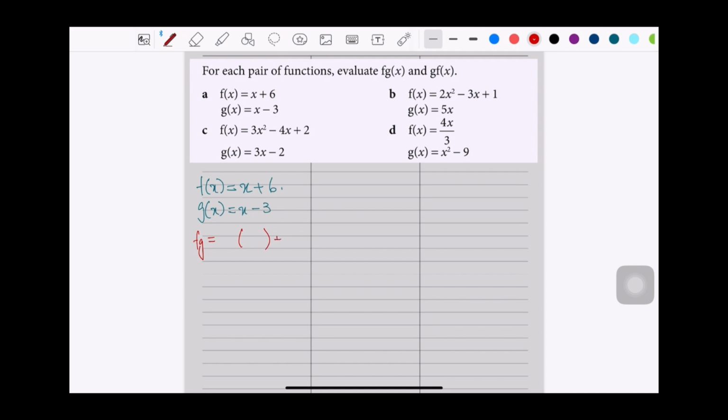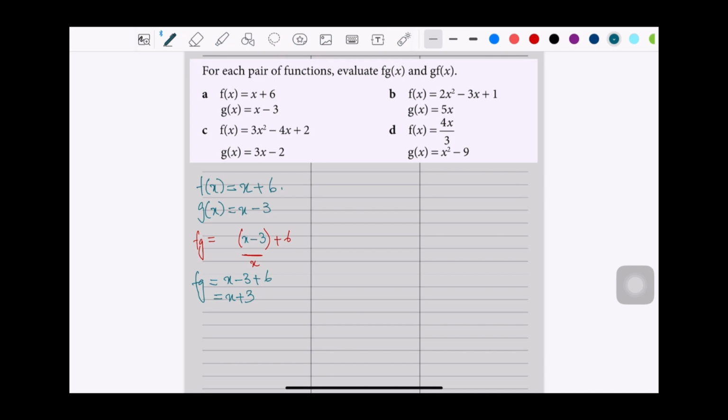This is x plus 6, so this thing was x. Instead of that, I replace it with the value of g, which is x minus 3. So f of g now becomes x minus 3, opening the bracket, plus 6, which gives you x plus 3.